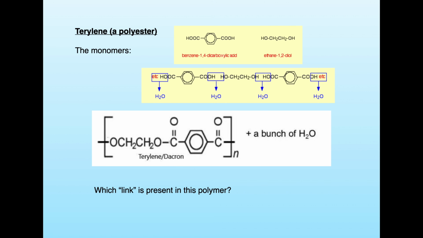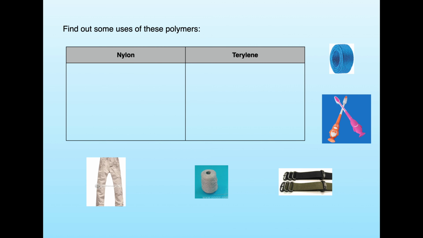Which link is present in this polymer? It's the ester link. So it's a polyester. This ester link is continued all the way along the molecule. Right, this is a bit of work for you. Some uses of nylon and terylene. They are everywhere. There's a couple of clues on the pictures.